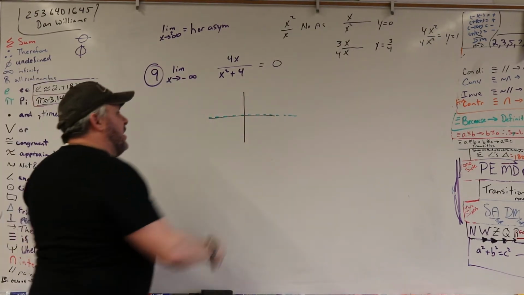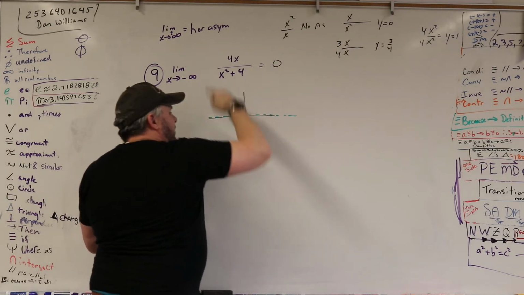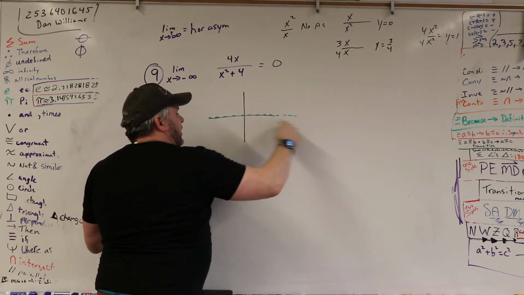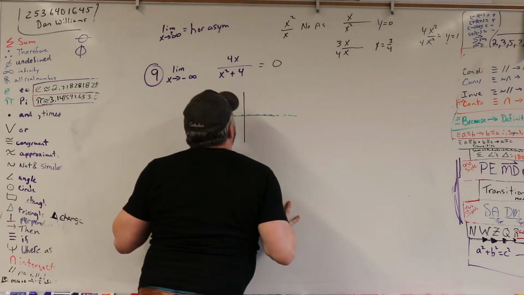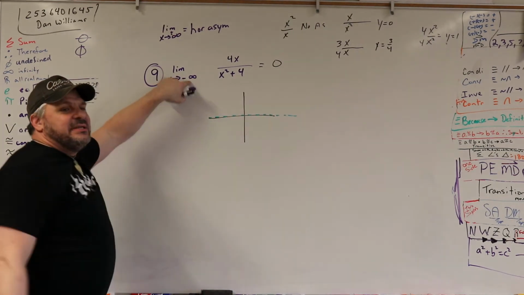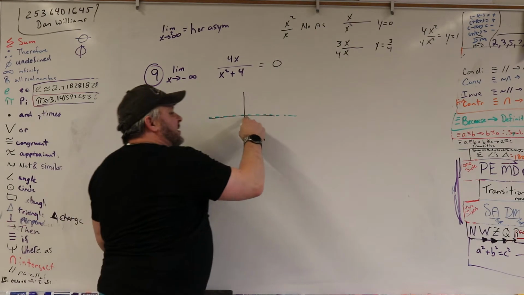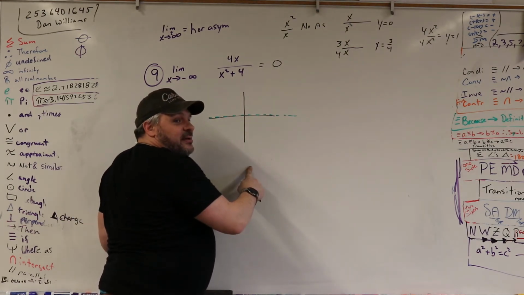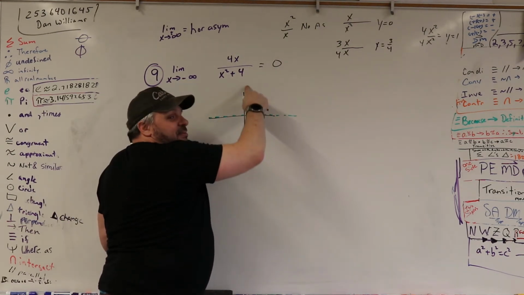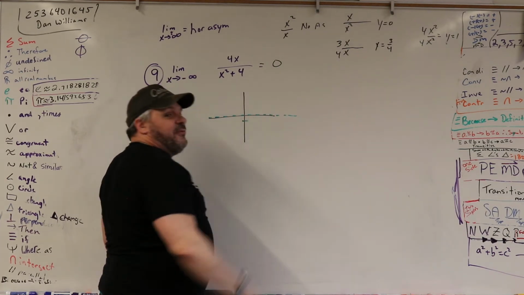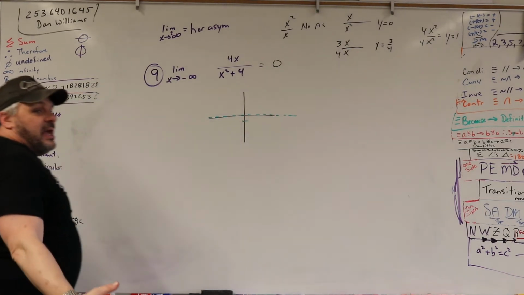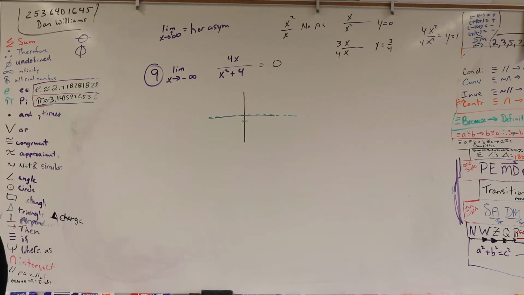Something happens to where this thing goes like this, or this, whatever, but it's approaching that line. Now, as x goes to negative infinity, we're talking about this side, not this side.